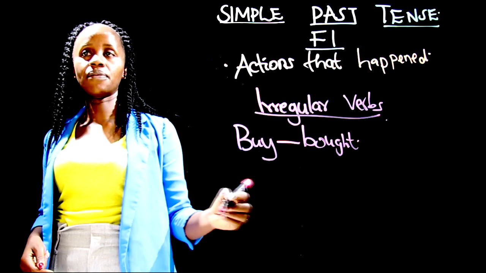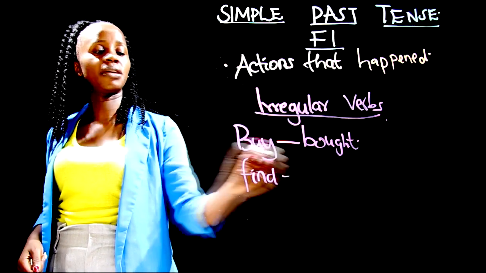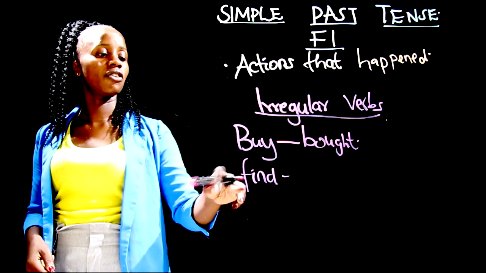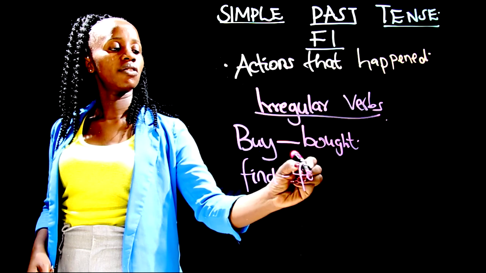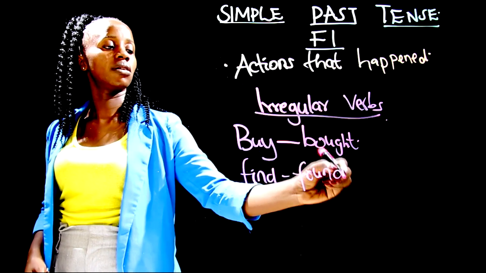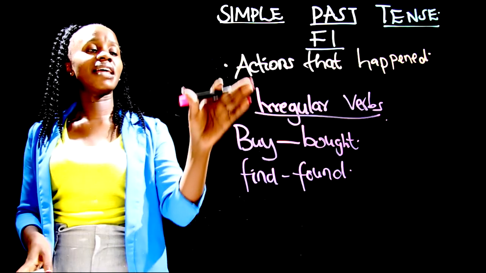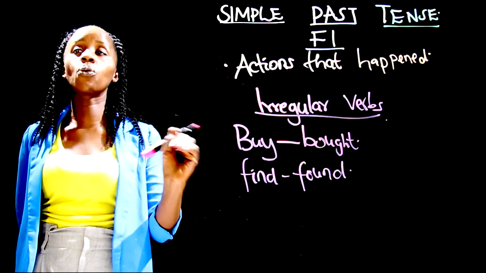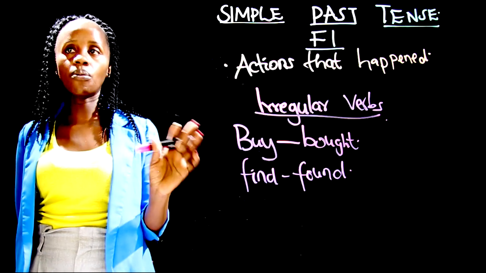Find, please find me a cup of water. The past tense of find will be found. So as you can see, the structure, even the wording and the pronunciation of the words change completely.